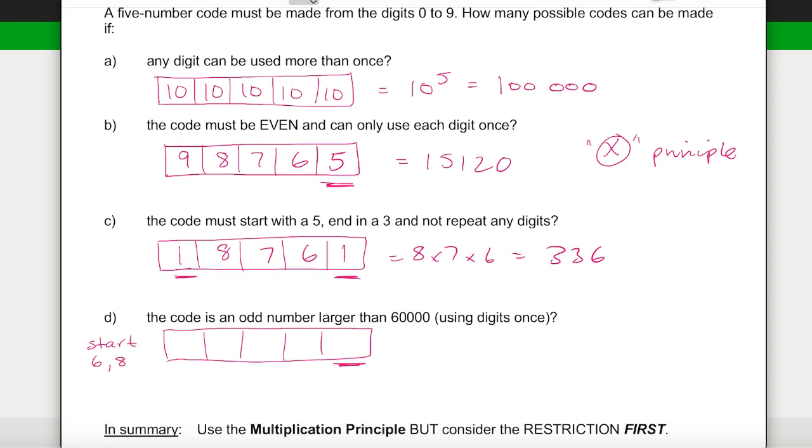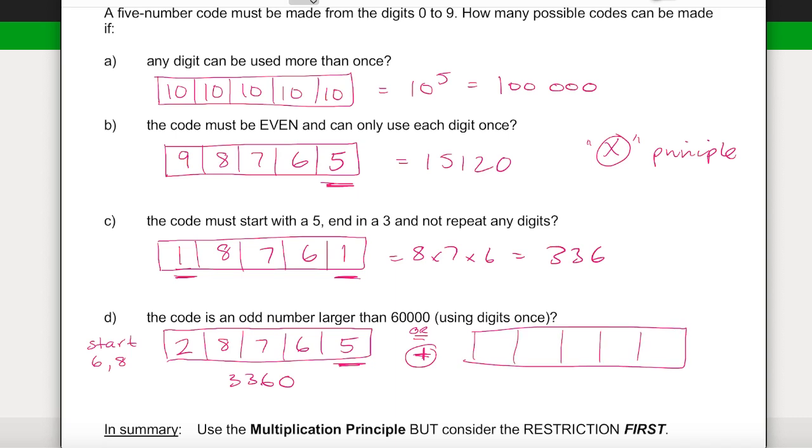So I've got 5 odd numbers to choose from, and 6 or 8 to be the starting number, to be at 60,000 or more. And then that I've used 2 numbers, so that leaves me with 8, 7, and 6. This gives me a total of 3,360.